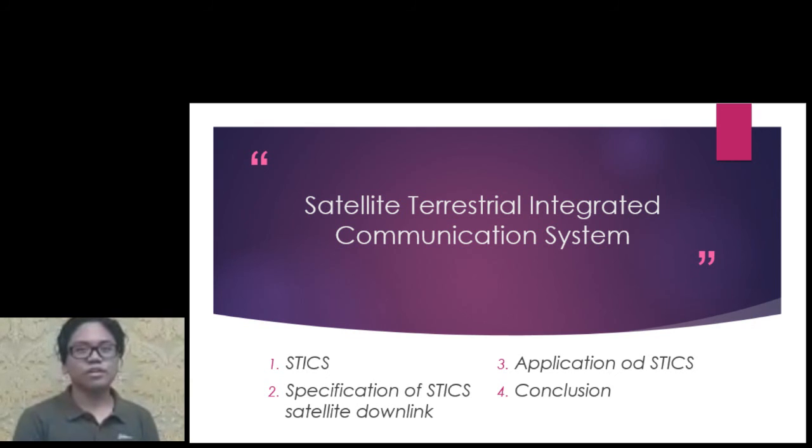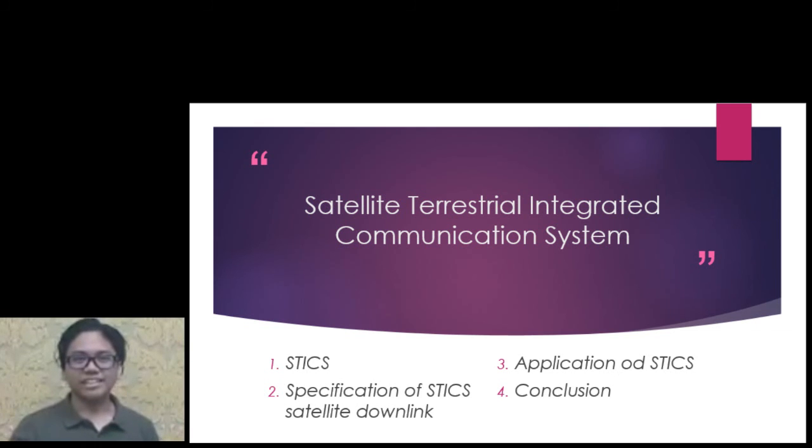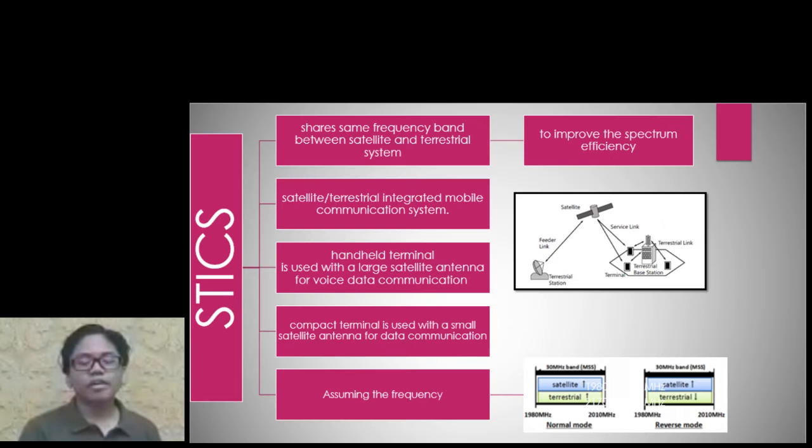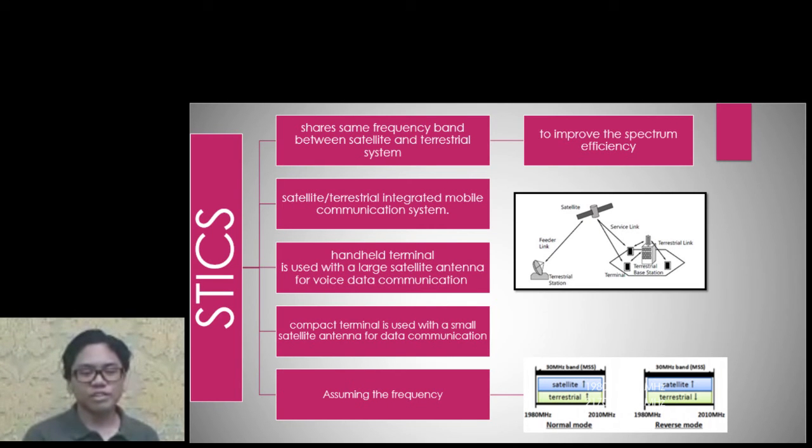Now we would like to talk about STICS. What is STICS? Why is it important? Will it solve our current problem? And how does it work? STICS system refers to the satellite terrestrial integrated mobile communication system.